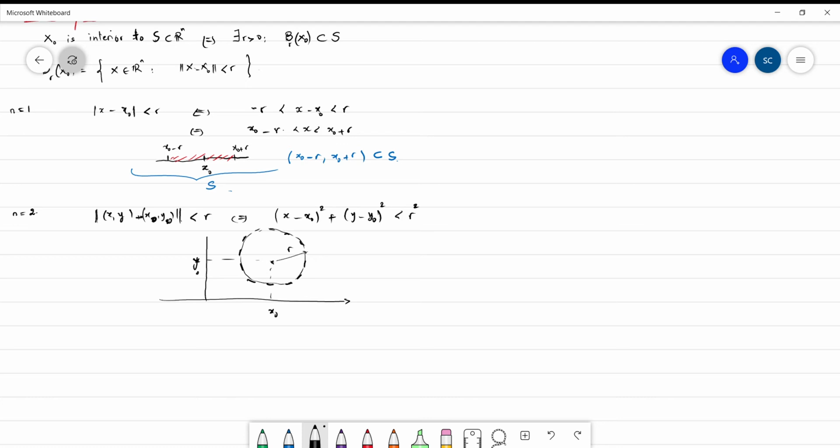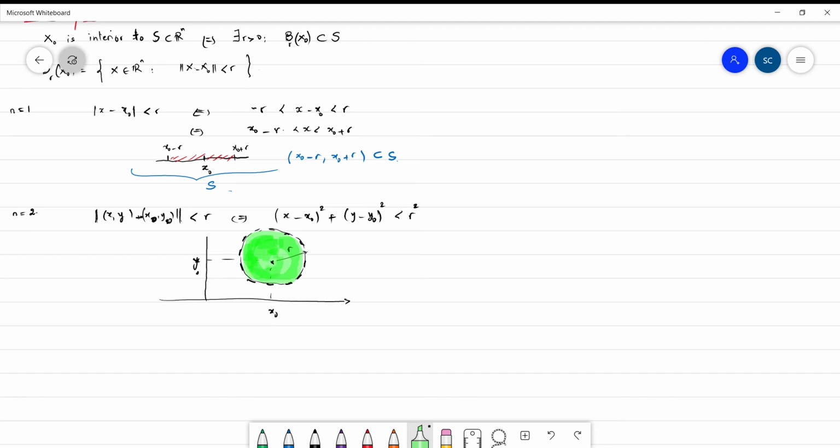If I want the distance of the point to (x0, y0) to remain less than r, I must be inside here. So I will describe finally this area, the disk, without reaching the boundary of the circle. So this is my set.